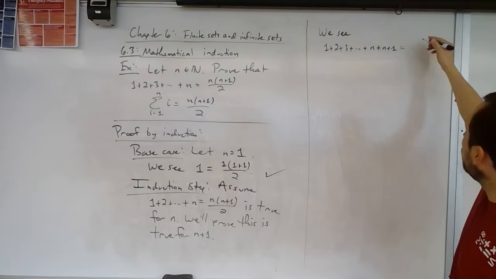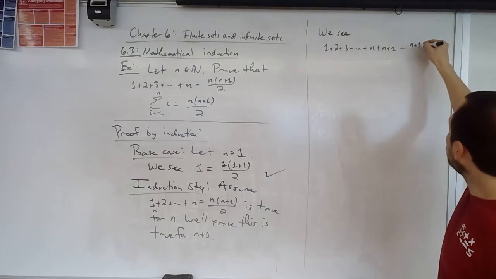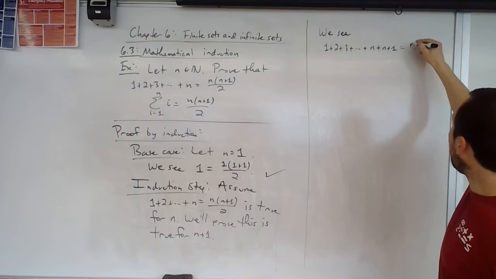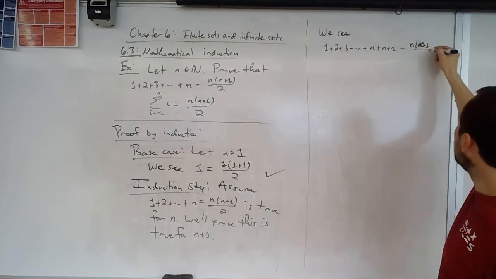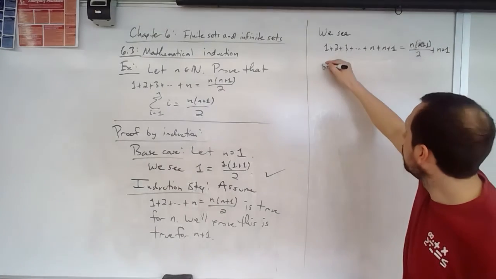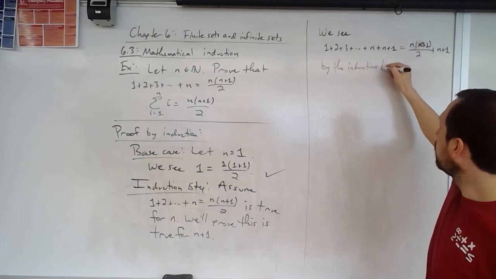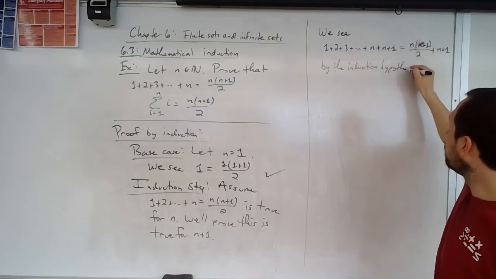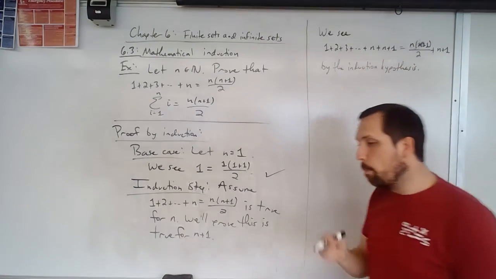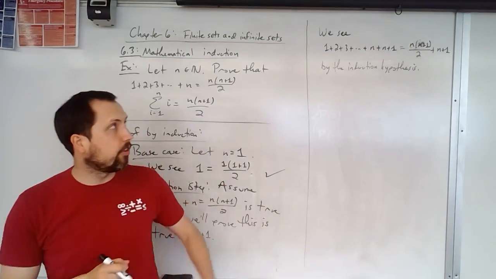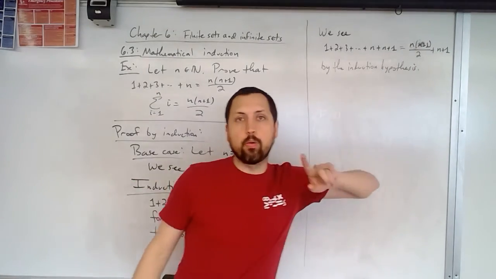This is equal to n times n plus 1 divided by 2 plus n plus 1 by the induction hypothesis. So by the induction hypothesis, we know that this is true.